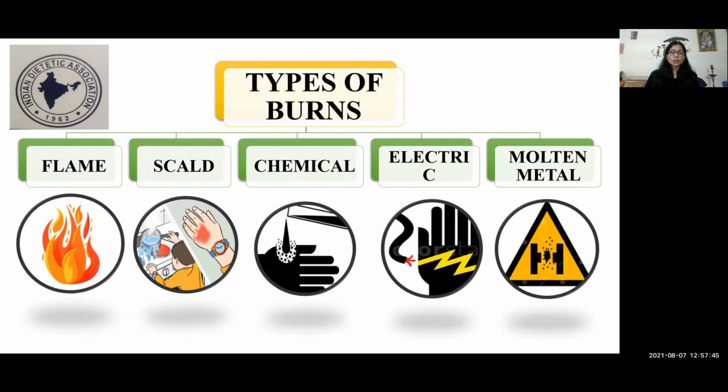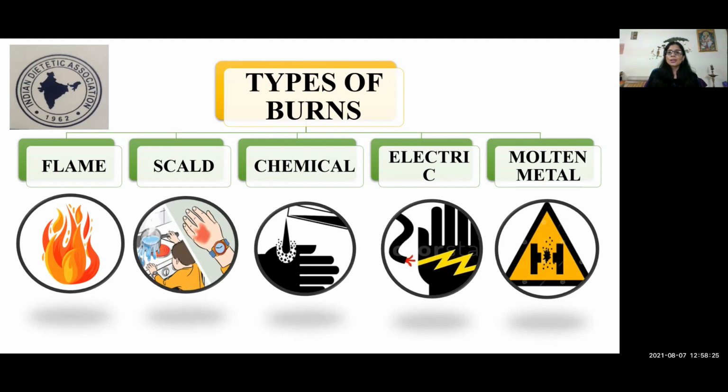For flame burns, the causative agents are liquid petroleum gas, LPG, and fuels like petrol, diesel, and kerosene. Scald burns are related to hot liquids and beverages like hot milk, hot water, tea, coffee, hot soups, etc. The chemical burns are mainly related to chemical agents like acids and industrial chemicals, which can harm the skin and damage cells and tissues.